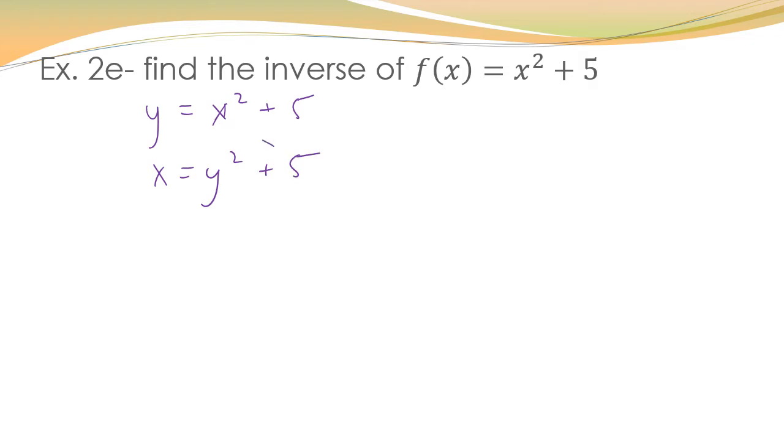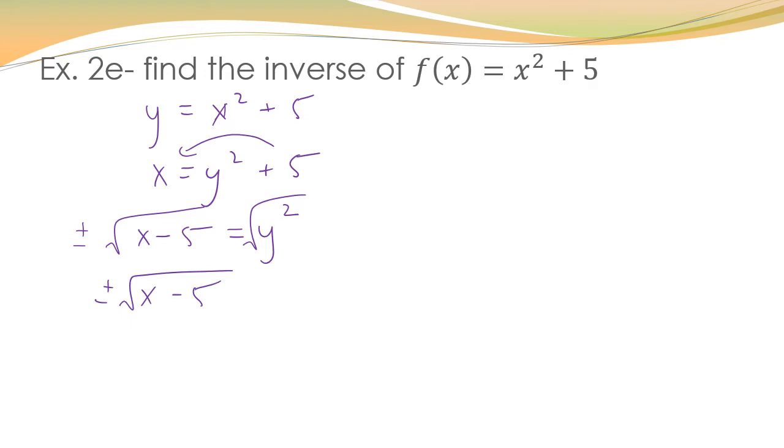Bring over the 5 first, x minus 5 equals y squared. How do you get rid of a squared? Well, you get a square root. And don't forget that whenever you take the square root, it's plus or minus. So this is really plus or minus the root of x minus 5 equals y. Don't forget, change to f inverse.